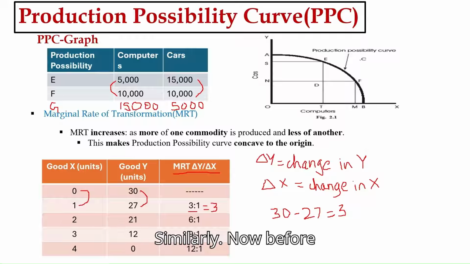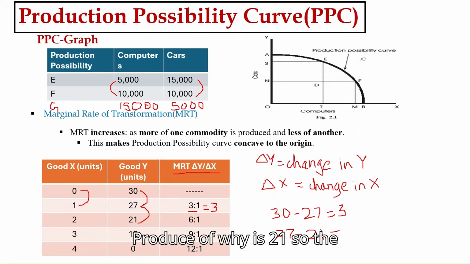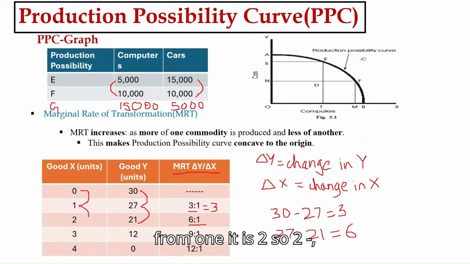Similarly, now the change in Y: before it was 27, now the quantity produced of Y is 21. So the change is 6. Here we write 6. Change in X is from 1 to 2, so 2 minus 1 is 1. So this is 6 to 1, which is nothing but 6.